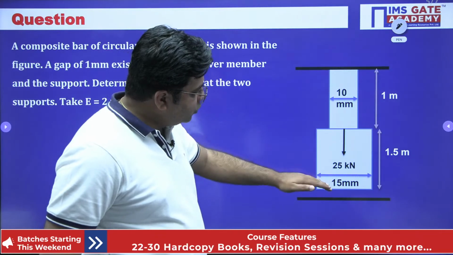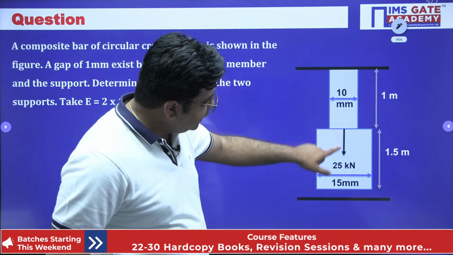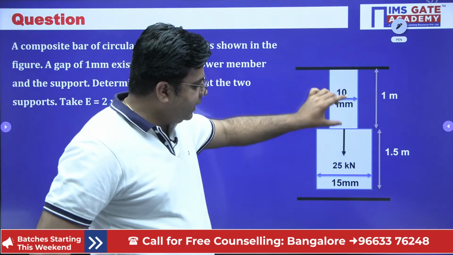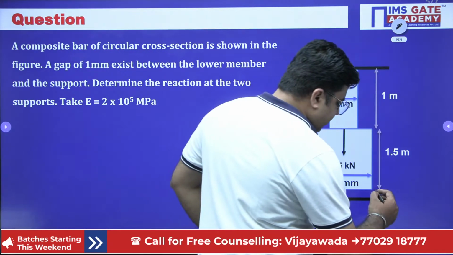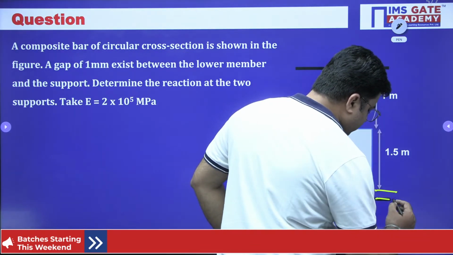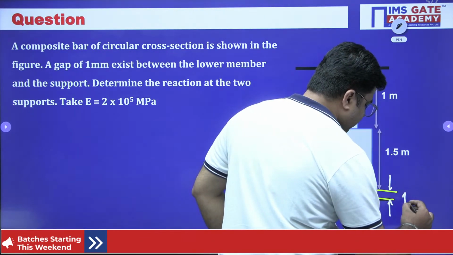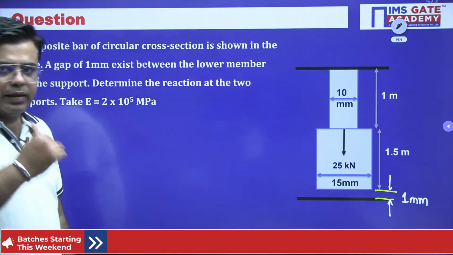For these two members, you have one load of 25 kilonewton acting at the junction. The length of the upper member is 1 meter and the length of the lower member is 1.5 meter, and there is a gap between the lower support and the lower member. This gap is 1 mm, right?